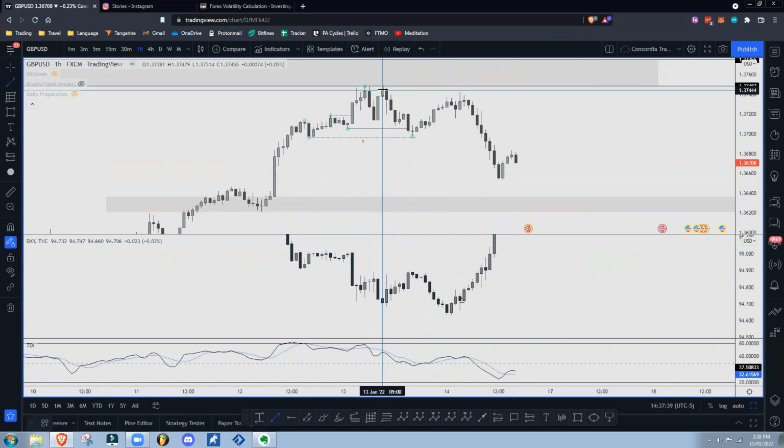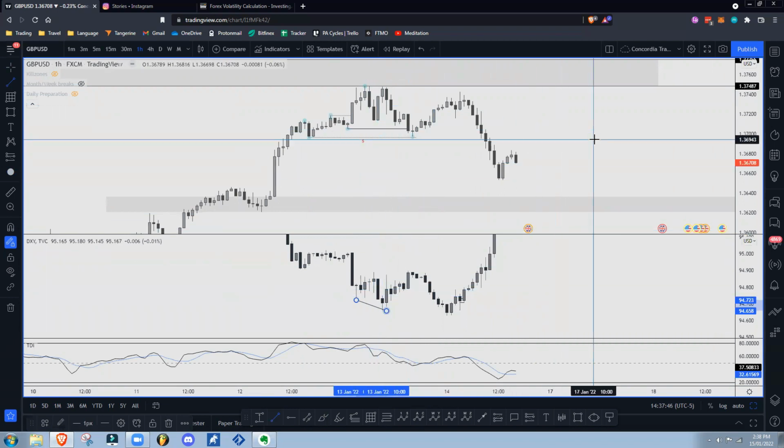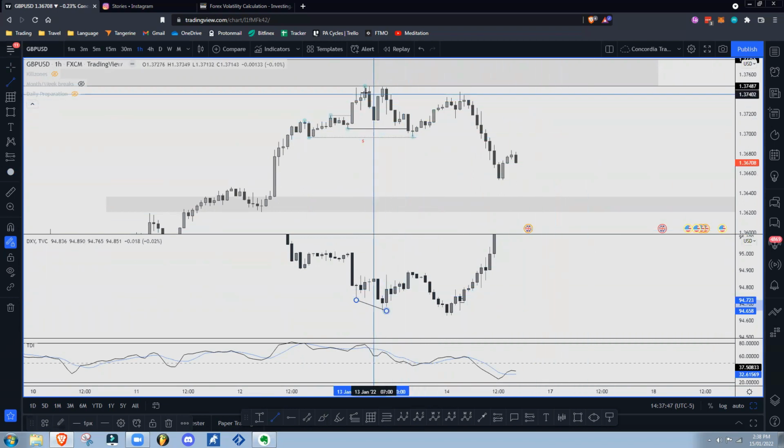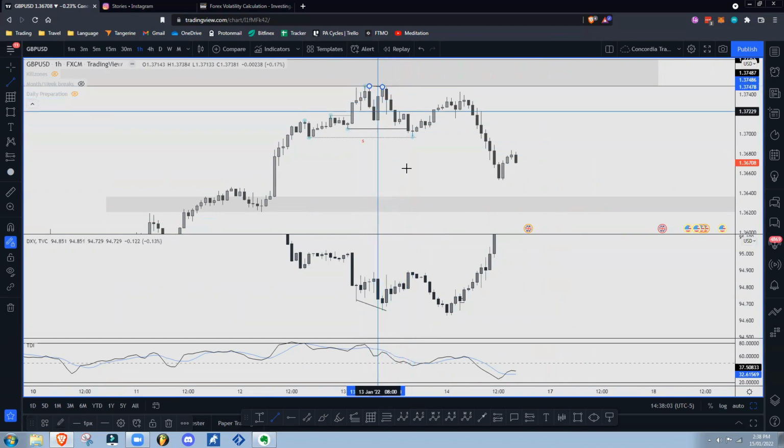We have a high here, a lower high there, low here, lower low. These should be going in different directions, right? Because the dollar index is the dollar, it should be basically directly negatively correlated with this pair, but you can see that we're actually in a state of correlation, or there's a crack in correlation, sorry. And so what ends up happening there is it breaks structure. And so that's a good one.